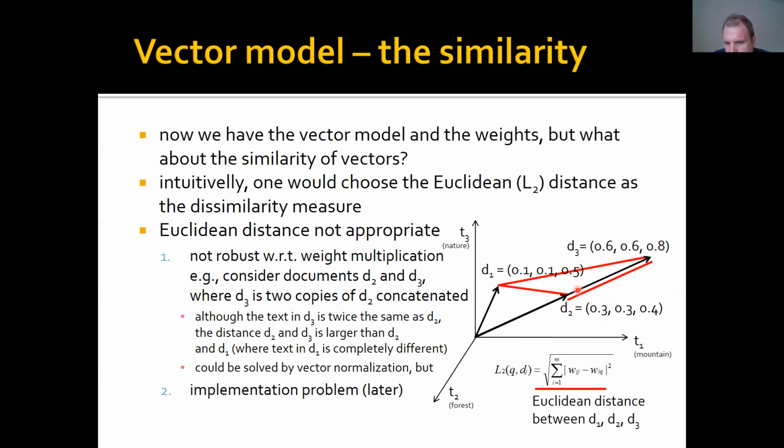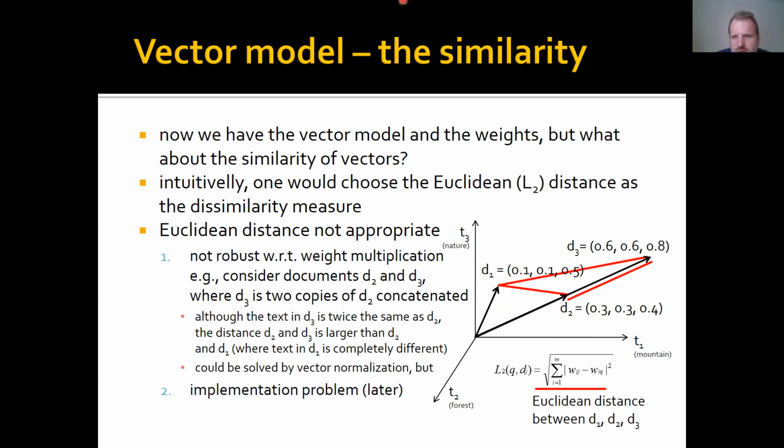Let's say we have concatenated two copies of D2 and we get D3, because we have the same proportion, but there are more of the frequent words, more of the terms. In such a case, measuring using Euclidean distance would not be appropriate, because this is a very long distance in absolute Euclidean terms. But the much more different document is this one, because there is a different pattern of the terms.